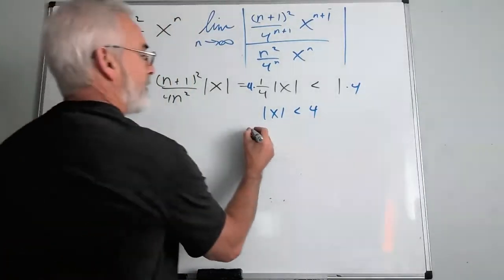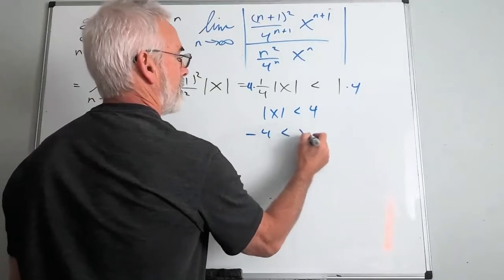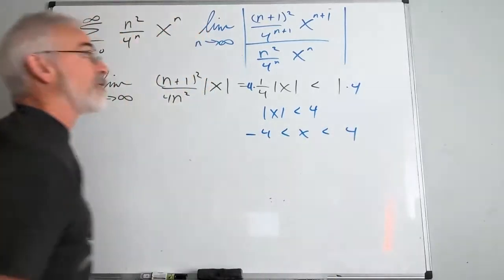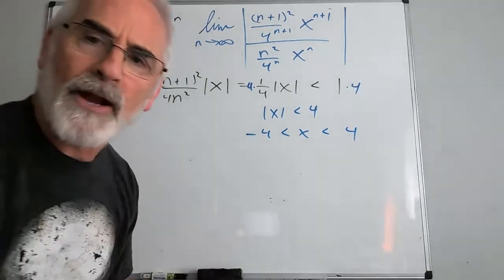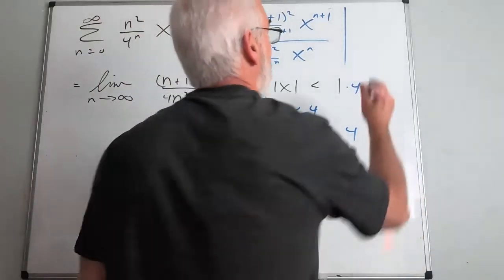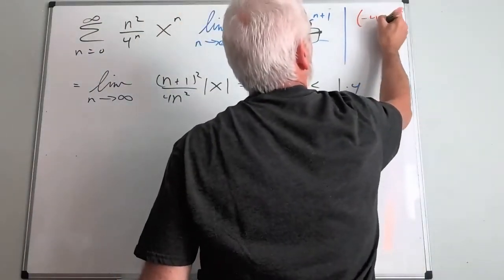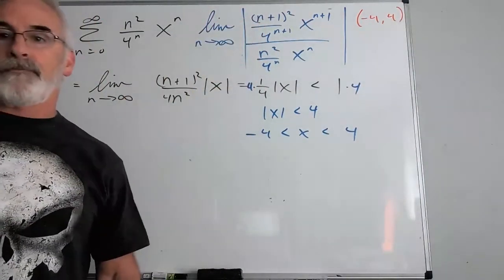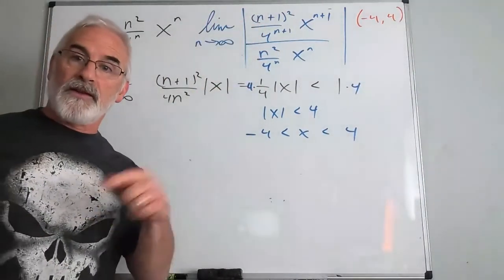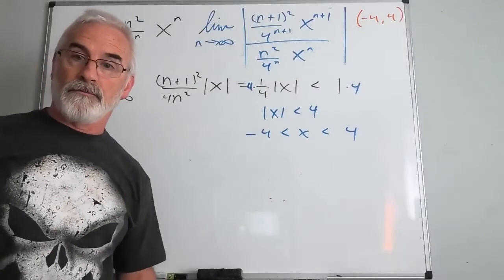Therefore, x is between -4 and 4. So if I get nothing else right in this problem, if I got called away right now and I can't finish, at the very least, I know this is going to converge in this interval. Agreed?